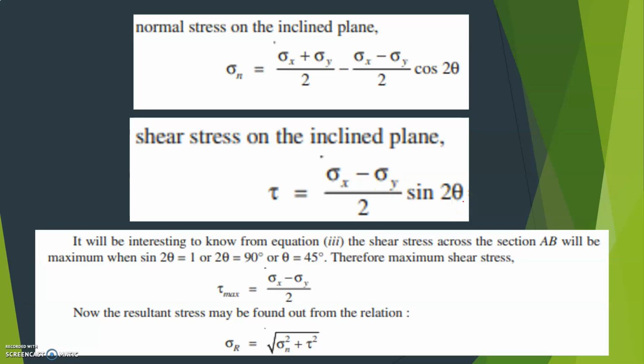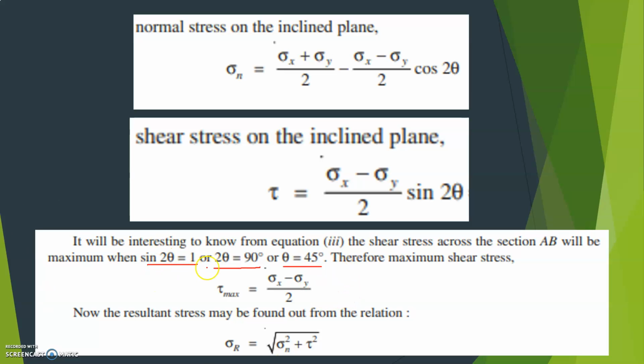Theta is the angle. It will also be interesting to know from the equation that shear stress across the section AB will be maximum when sine 2 theta is equal to 1, or 2 theta is equal to 90 degree, or theta is equal to 45.